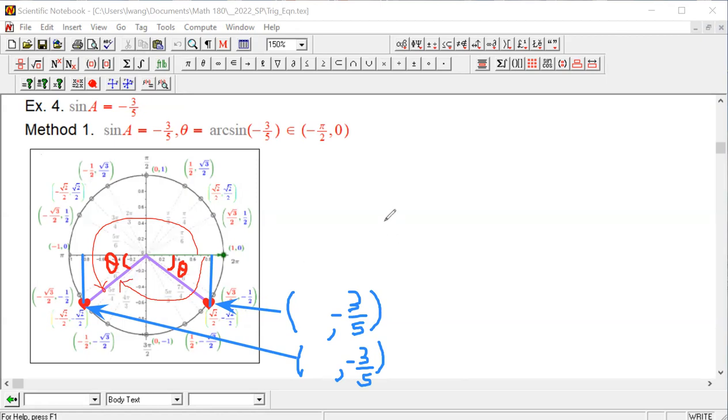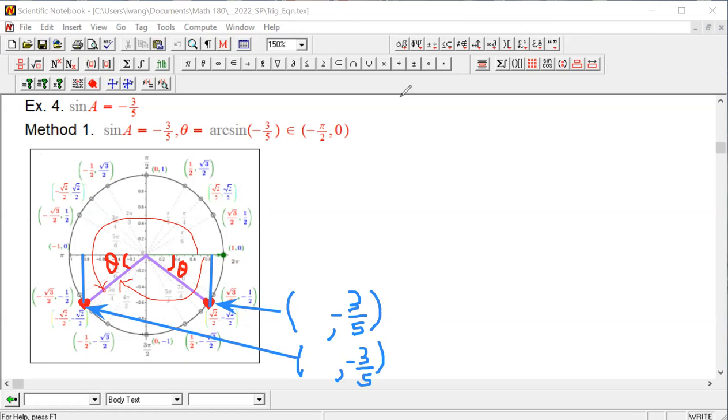I would like you to pause the lecture at this point to think about it, knowing that theta itself is negative, because of arc sine's range.